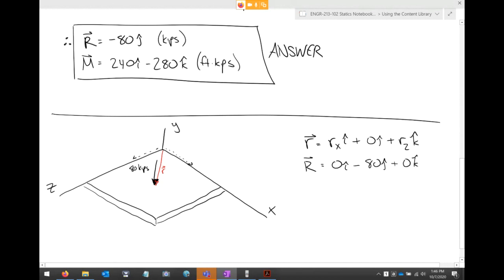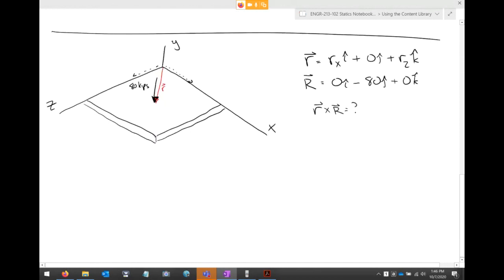Now, let's do a little bit of algebra. You all are engineering students. You can handle that. Let's cross those. Let's see what we get. So R crossed with R is I, J, K, Rx, 0, Rz, and then 0, minus 80, 0.